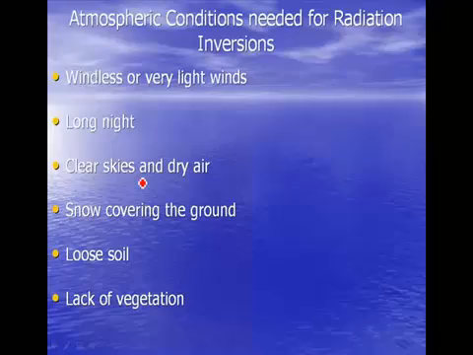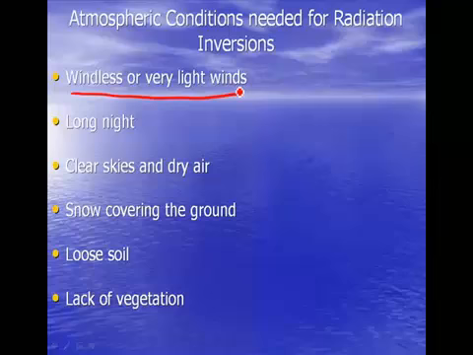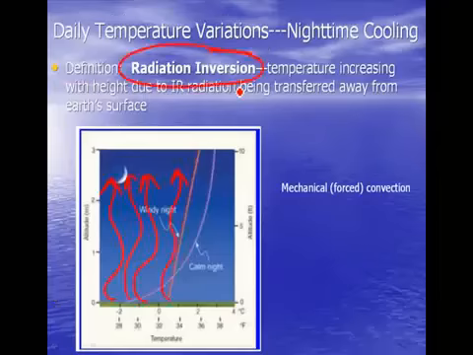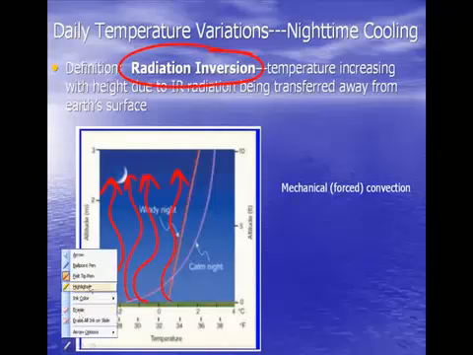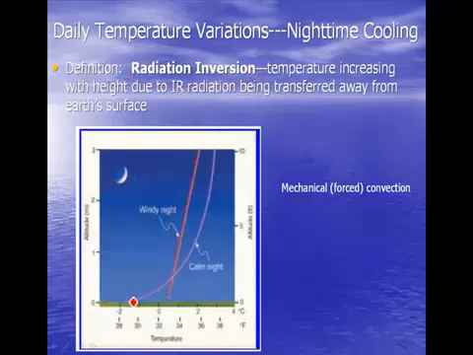So what are some atmospheric conditions needed for radiation inversions? Well, we've already identified this: windless nights, or very light winds, because we don't want to promote mixing. In other words, warmer air from above being brought down to the surface and some of the cooler air from the surface brought above. If you want a strong radiation inversion, which is what this temperature profile looks like, strong increase of temperature with height.